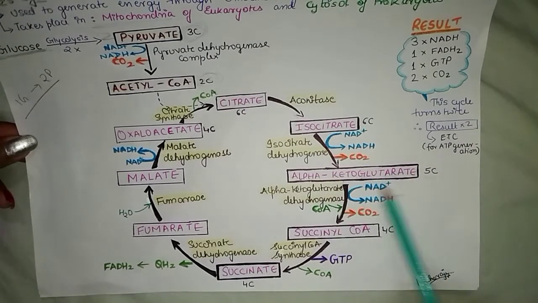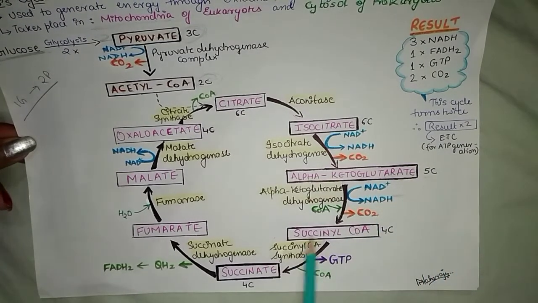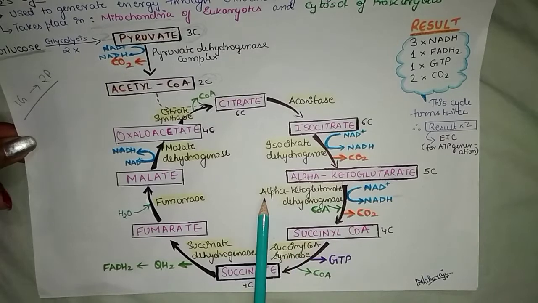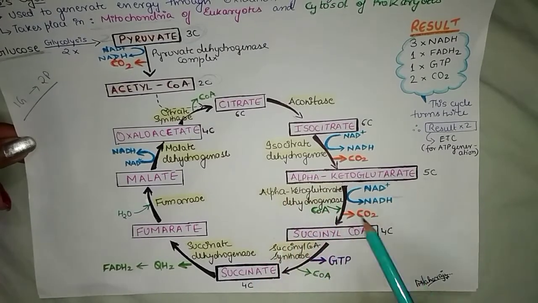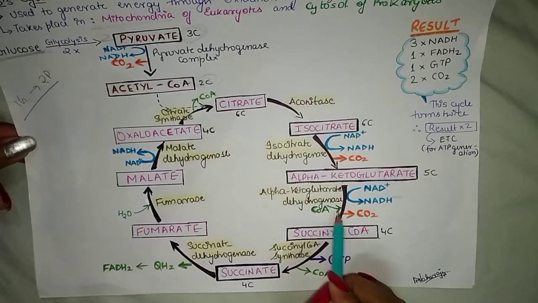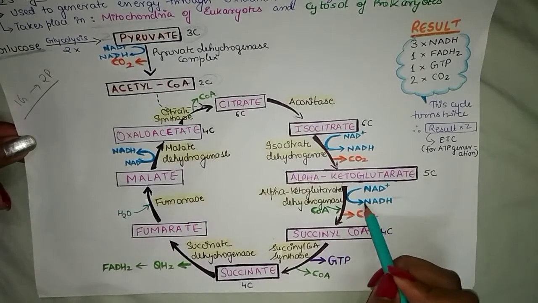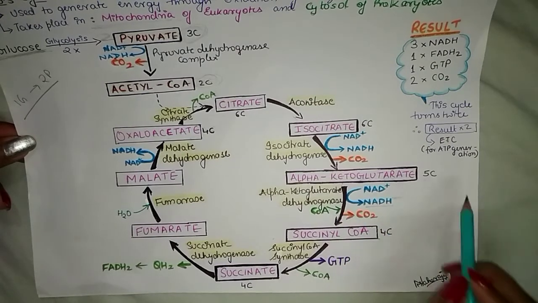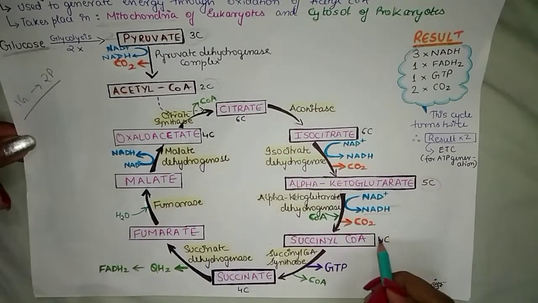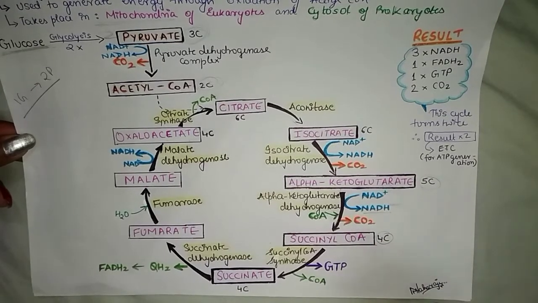Now, alpha ketoglutarate will be converted to succinyl coenzyme A in the presence of alpha ketoglutarate dehydrogenase. During this reaction, a coenzyme A will be added, NAD plus will be reduced to NADH and a carbon dioxide molecule will be released. Hence, the 5 carbon molecule will be converted into a 4 carbon molecule.